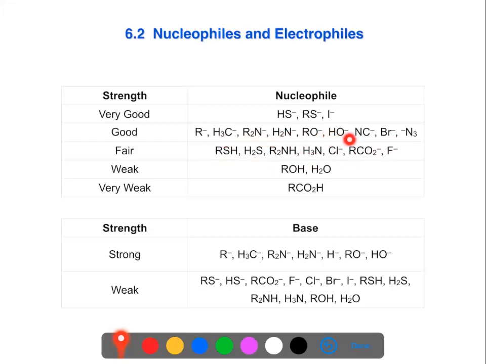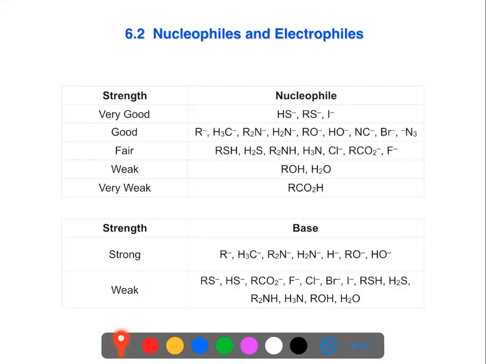They will act as nucleophiles, but compared to other nucleophiles, the reaction rates, the kinetics, will be slower. And then you can see that water and the alcohols and carboxylic acids are very weak nucleophiles. And so your more stable species are going to be very weak with respect to their nucleophilicity.